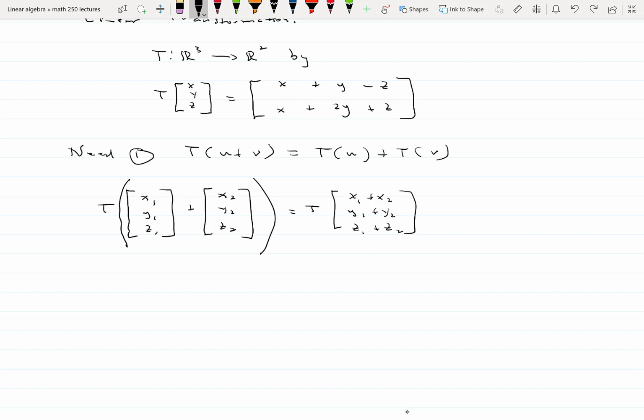Okay, so just off to the side, note it's perfectly legitimate to write T of u or simply Tu. If you're a math major, expect your upper division math professors and graduate professors to write Tu for T of u. It's so much easier just to write Tu than use parentheses.